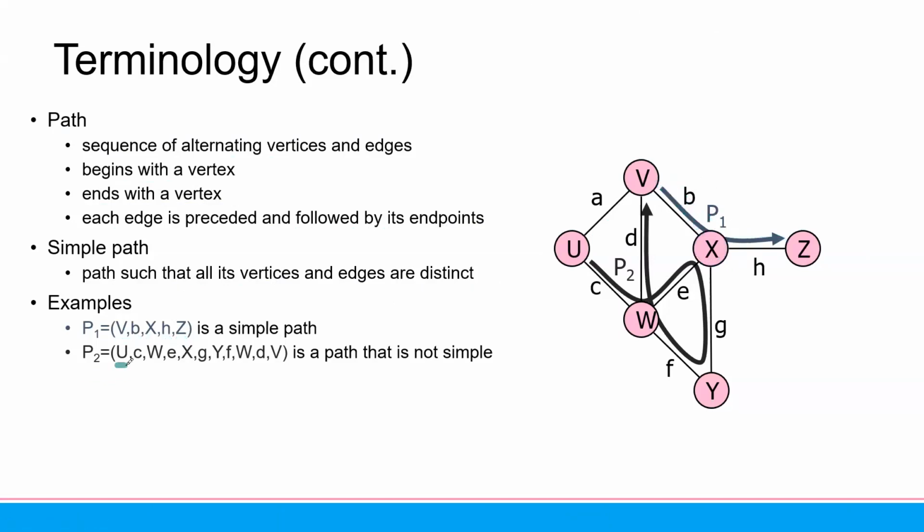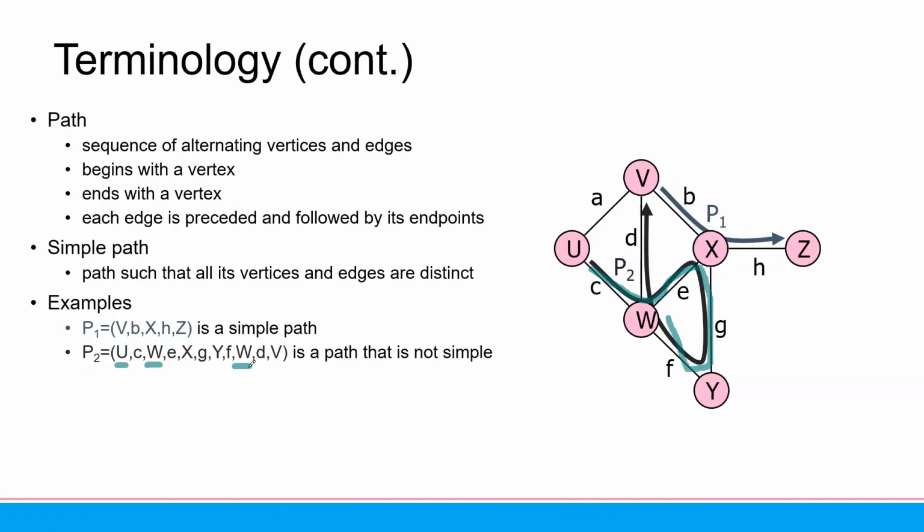But P2, okay, let's see, what is P2? We start from U, and then it goes to C, W, and then it goes to E, and then goes to X, and then goes to G, Y, F, W. Okay, we know that W is visited twice.